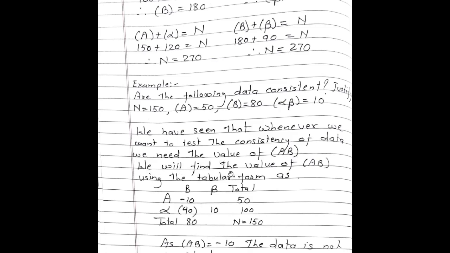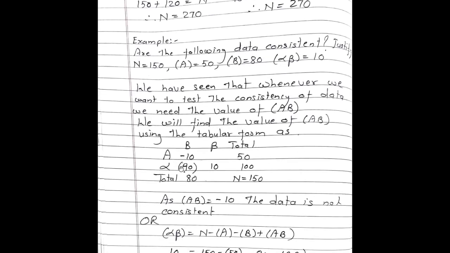So we will find the value of AB using the tabular form as A, alpha, total, B, beta, total, and N. Value of N is given as 150. So replace this value of N as 150. Frequency of class A is 50.